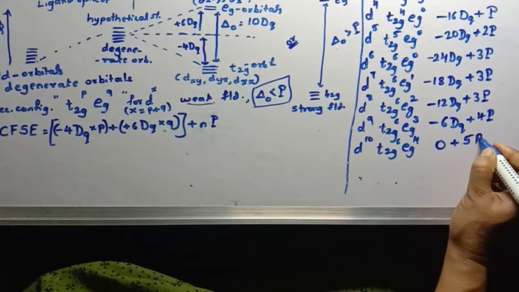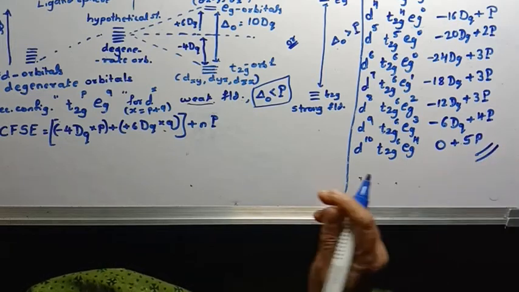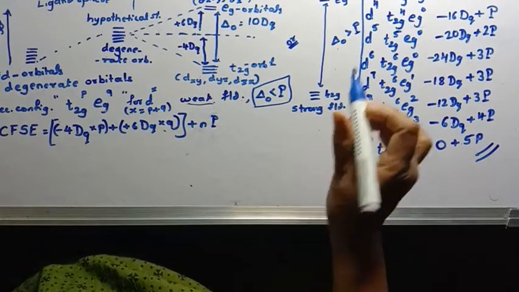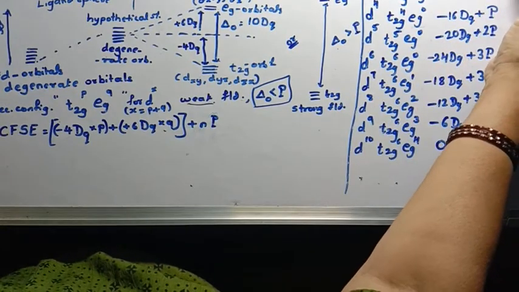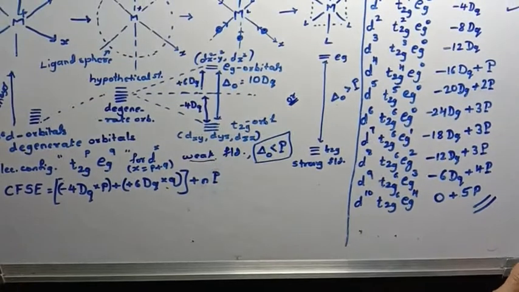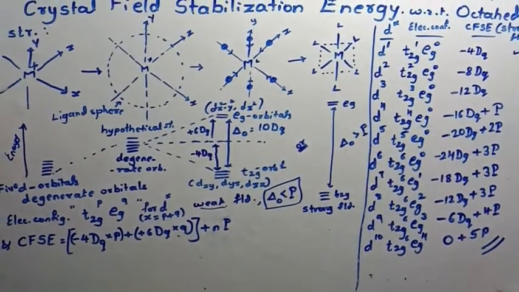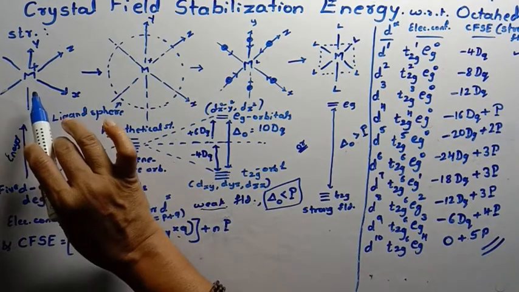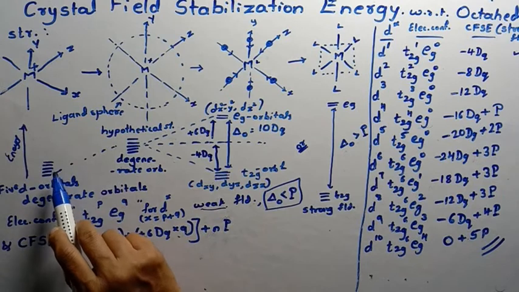So this is the way of calculating crystal field stabilization energy in the case of octahedral complexes with strong field ligands. Clear? Once again, I will wind up with a few words. The metal ion and the ligands are quite far away, and the orbitals remain in the ground, degenerate state.